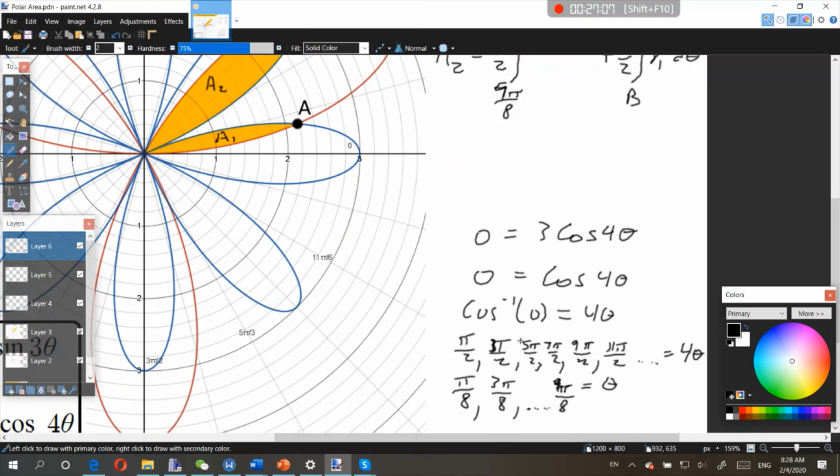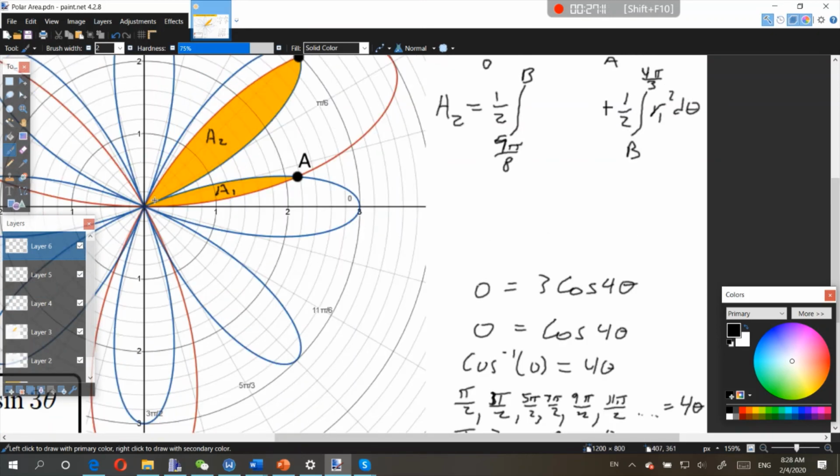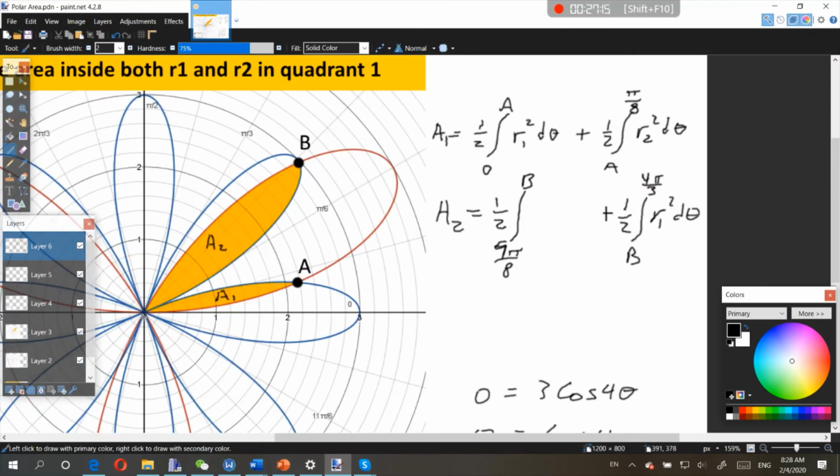Great, again, 1, 2, 3, 4, 5. The first time would be 1, that's after the first petal. So my 5th time I hit 0 will be the start of my 6th petal. And what goes in here? R2 squared d theta, perfect. So my final answer is this.